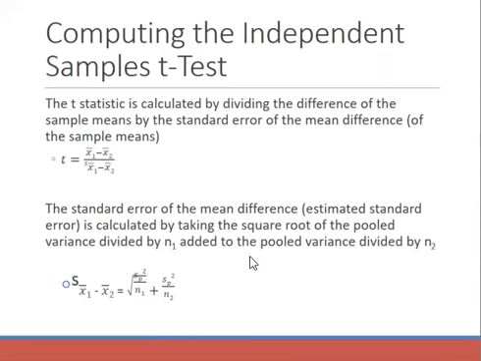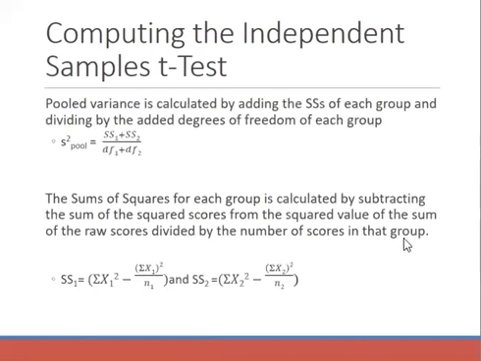So you'll see that this requires an sp squared, which is the pooled variance. Okay, the pooled variance happens because we've got two different samples that may have different sizes. So we need to pool the variance because the pooled variance is essentially a weighted average of the two variances, where the bigger sample gets more weight.